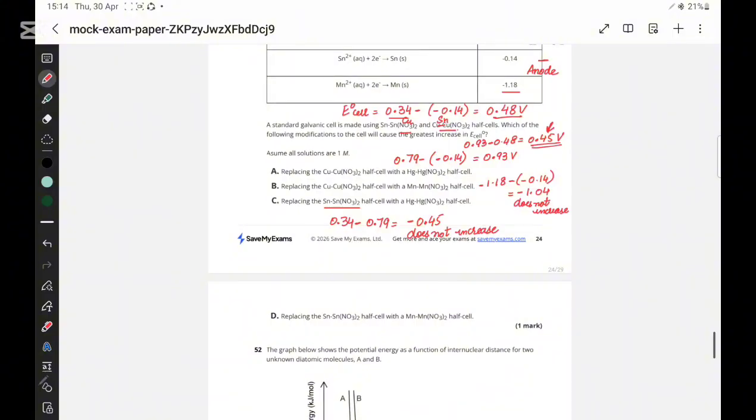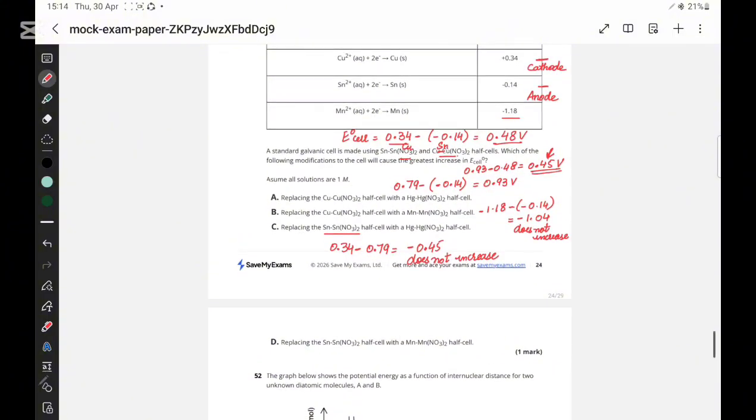Now let's move towards replacing Sn nitrate with manganese. So that is 0.34 minus minus 1.18, and it comes out to be 1.52 volts.